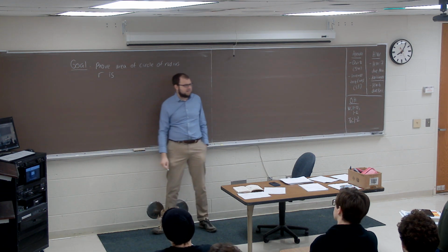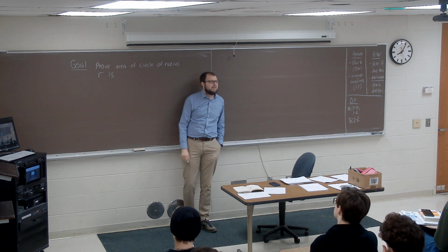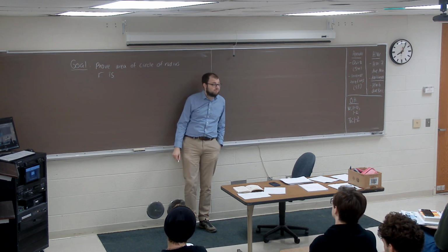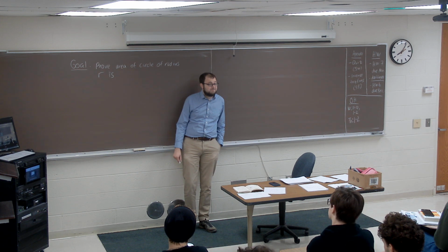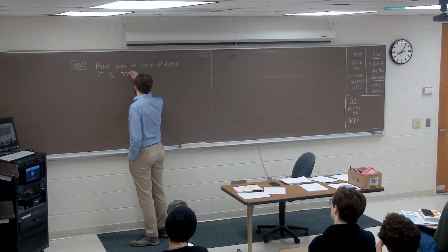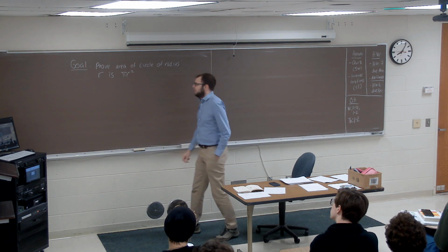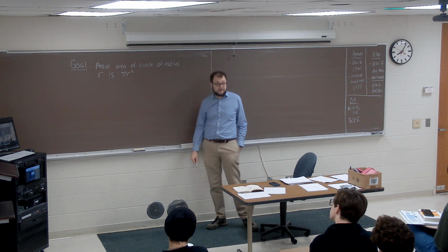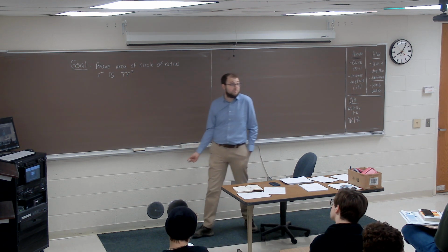What would we like to have the area of a circle be if we had a circle of radius r? Who remembers their geometry formulas? Ned? Pi r squared. Yeah, I'd like it to be pi r squared. Where if r is measured in units, then the area is measured in units squared.